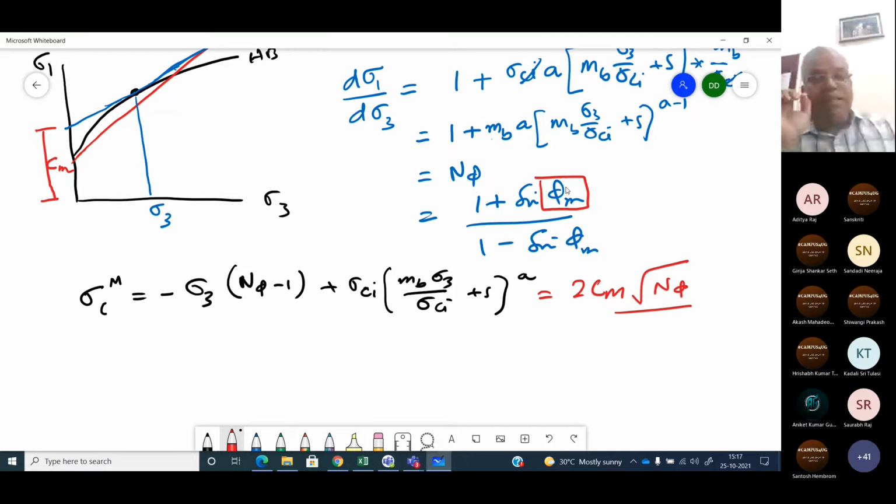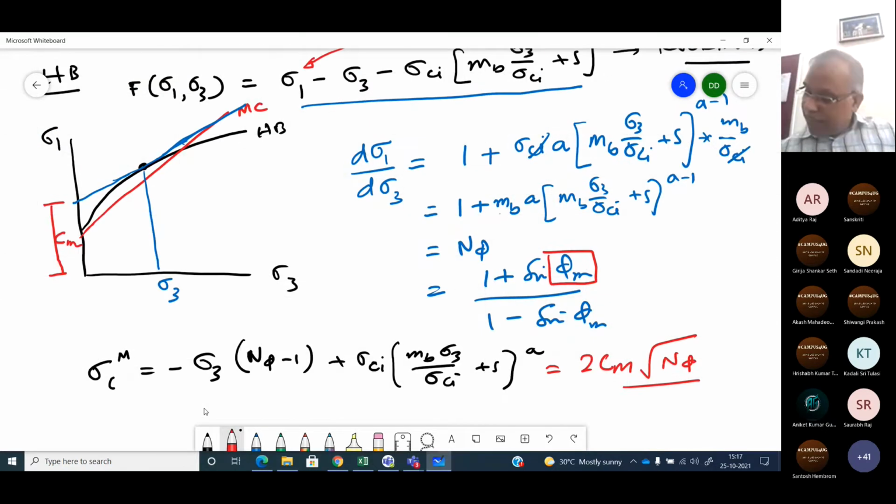For a given sigma 3 you are calculating, because as you change this, the tangent also changes. So phi m and Cm will change.